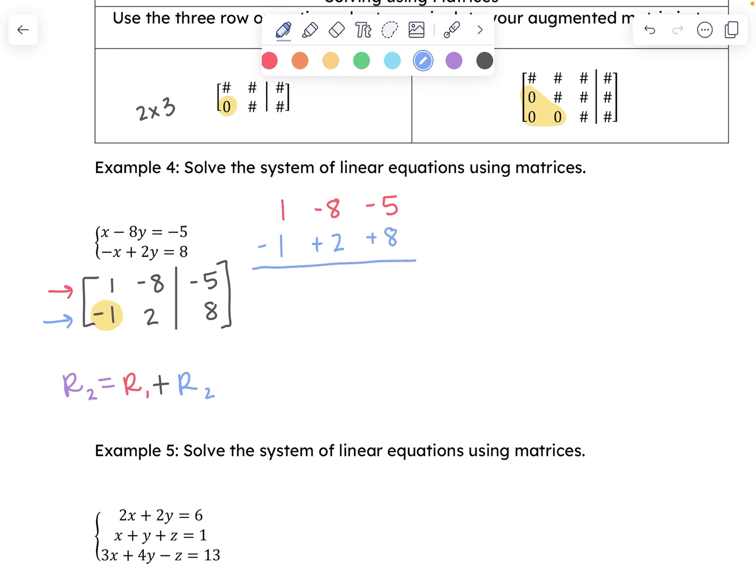When I add them together, that gets me that 0 I'm looking for in that first spot. -8 plus 2 is -6, and -5 plus 8 is 3. So when I rewrite my matrix, the first row stays the same, 1, -8, -5. But now my second row is 0, -6, 3.